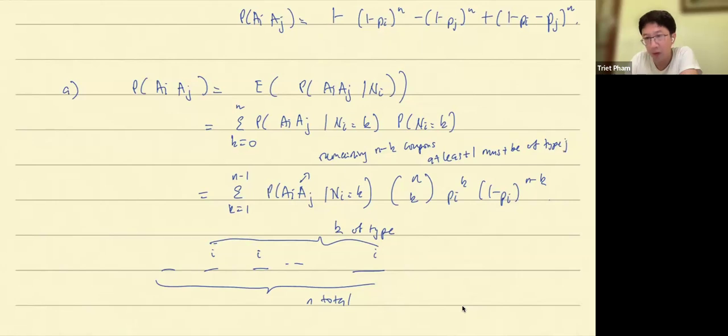That's the value of conditioning. You know more information. And that's why Ni is the right random variable to condition on.